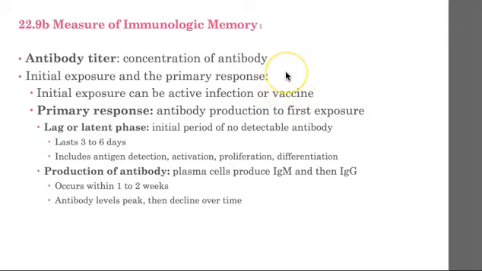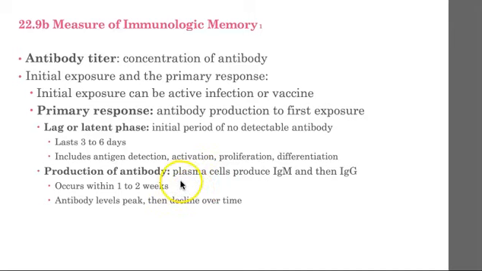The initial exposure can be an active infection or a vaccine. That primary response we saw causes us to produce the antibody. We do have that lag or latent phase where we don't have any antibodies within our body, and that lasts up to 3 to 6 days. It includes antigen detection, activation, proliferation of the cells, and then differentiation, becoming specific to the antigen it encounters.